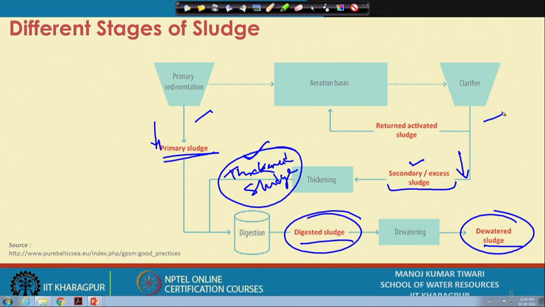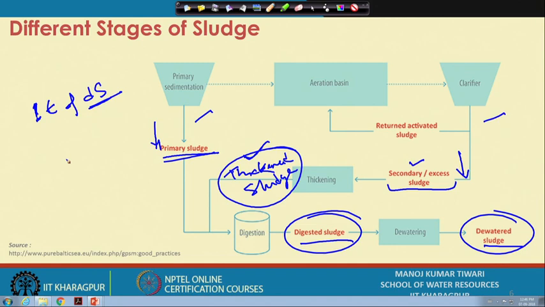Say you are generating 1 ton of dry solids. This 1 ton of dry solids may occupy some space depending on its specific gravity, depending on its density. So, how much volume does this 1 ton occupy?